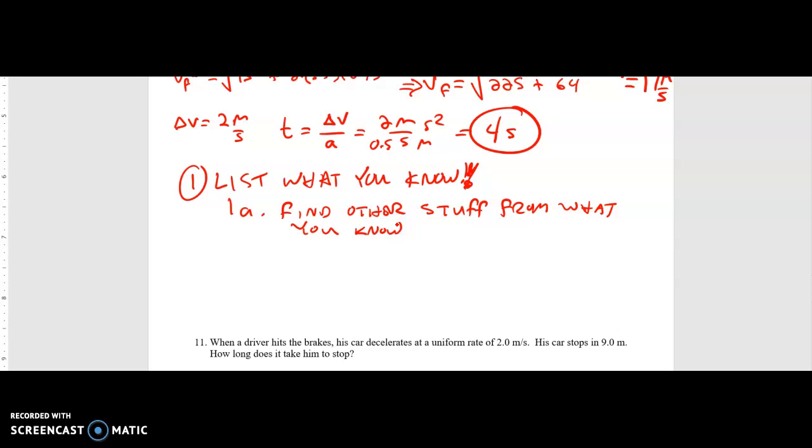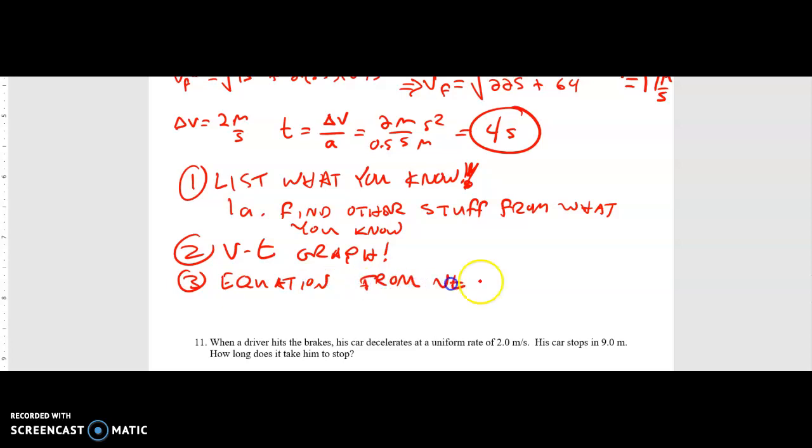For example, if you know the acceleration and you know the time, you can find the change in velocity. Step 2: The VT graph. Super important. Step 3: Get an equation from the VT graph. Step 4: Plug and chug. Then Step 5: Just check it. Make sure it makes sense.